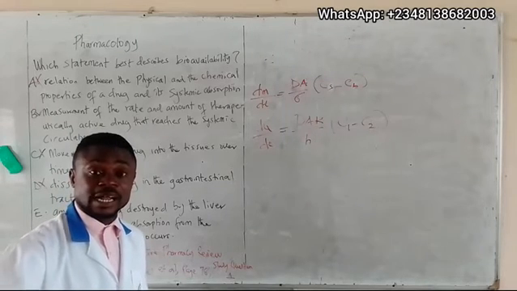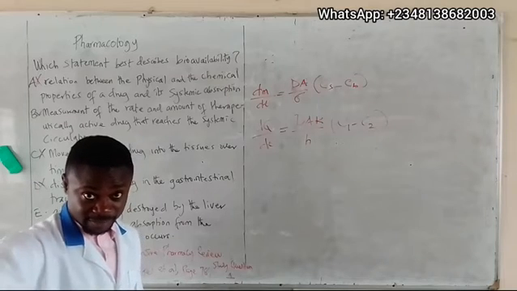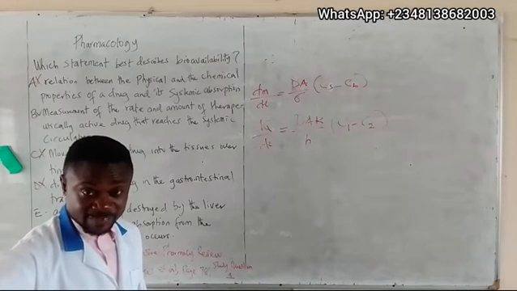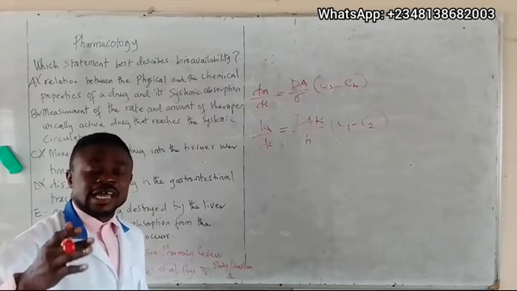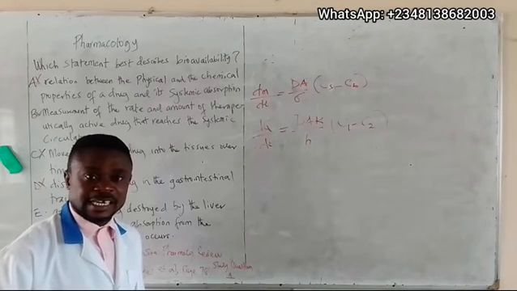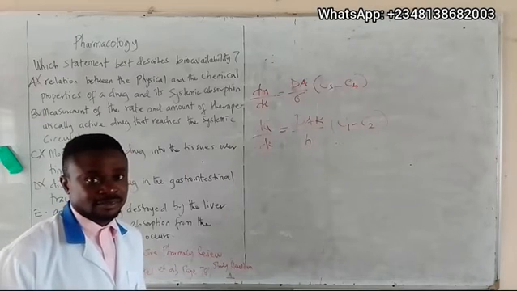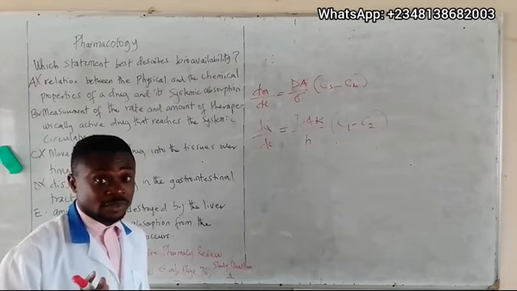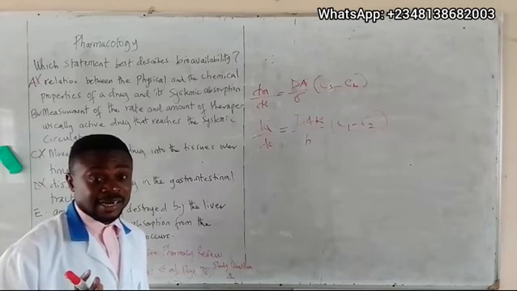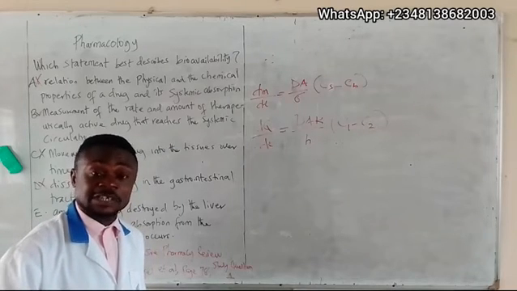It enters the portal vein. From the portal vein, it gets to the liver, and the liver exerts the first pass effect. The first pass effect is that the liver destroys most of the drug, but not all, of the drugs that are susceptible to it anyway.